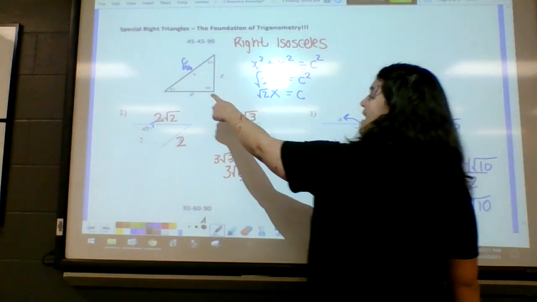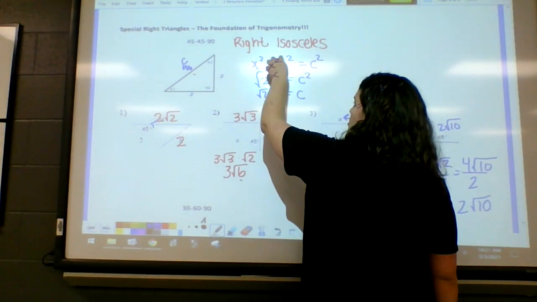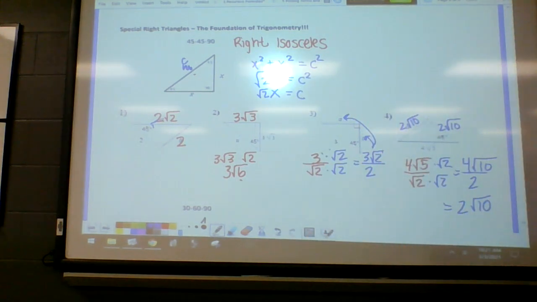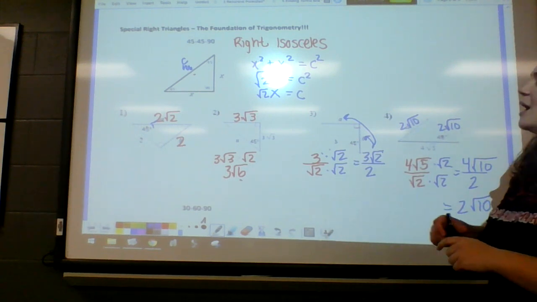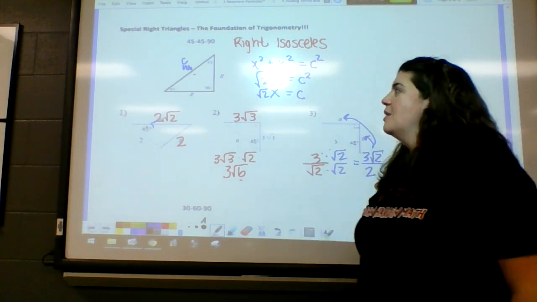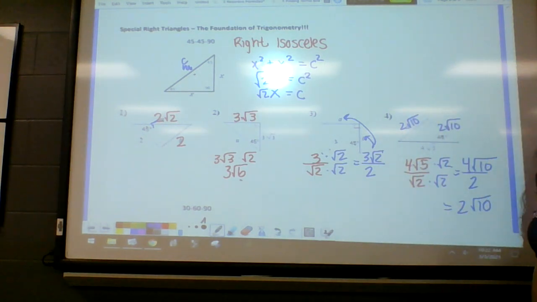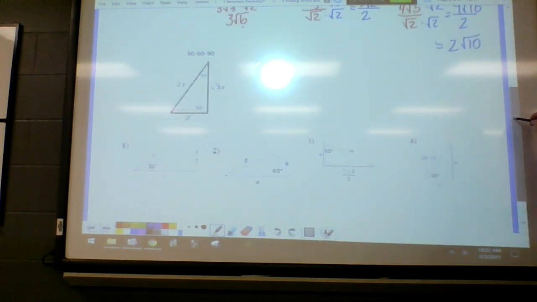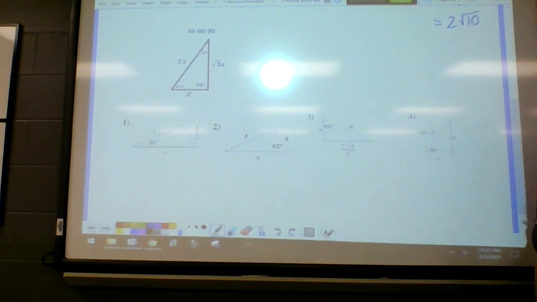So if one side is x and the other side is x, and you do the Pythagorean theorem, the hypotenuse is the square root of 2 times x. So the square root of 2 comes from when you add these together and you get 2 of them, and then you square root. That's where that 2 comes from. Kind of cool, huh? Yeah. Kind of like a neat, like, hey, that wasn't too bad to really understand where the square root of 2 came from.